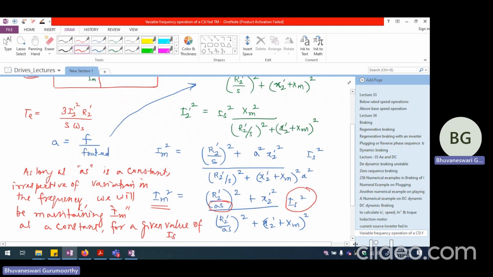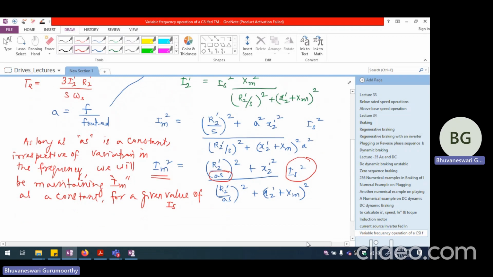So for a given value of Is, whatever be the frequency of this Is, we will be maintaining constant flux operation as long as AS is maintained as a constant.